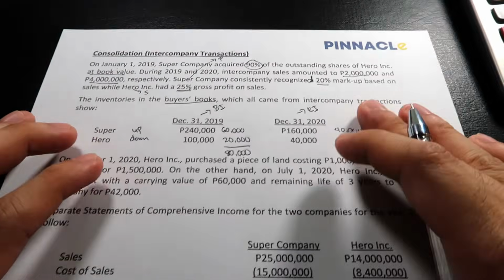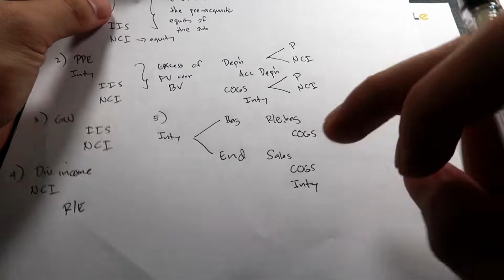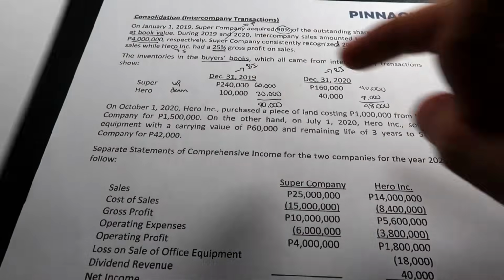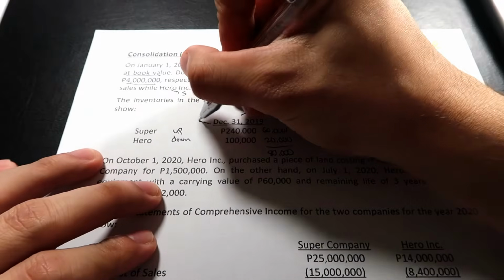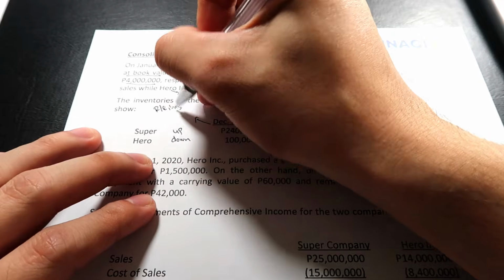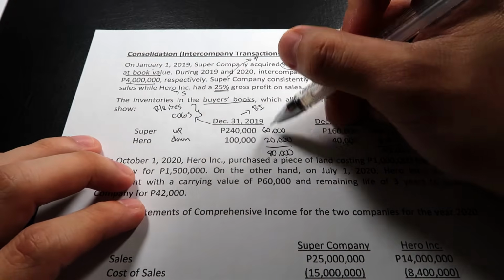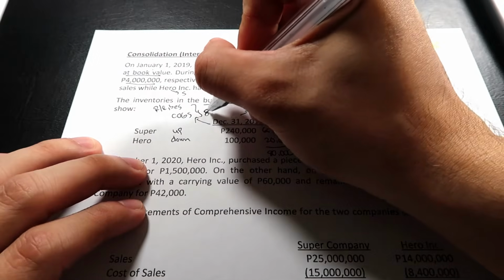Now let's reflect our working paper entries, the beginning and ending, to this. Beginning first. Let's put the entry here: debit retained earnings beginning, credit cost of goods sold. How much? Our total beginning inventory markup is 80,000.